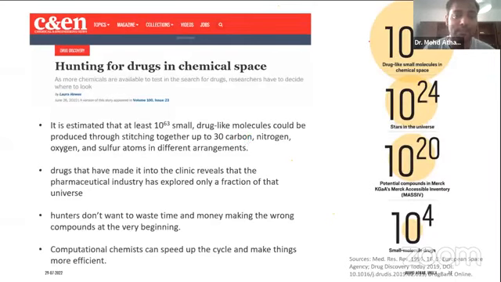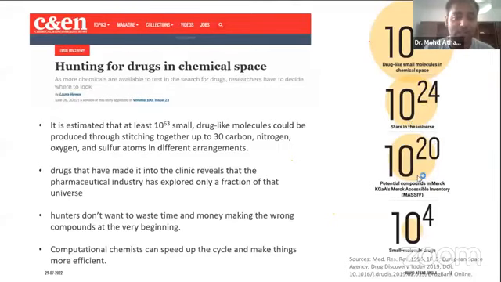This is our expectation, that we should have this much chemical space. You can think about it by imagining that the stars we have in the universe are only 10 raised to the power 24. So we can have a combination of many times the number of stars in the universe.